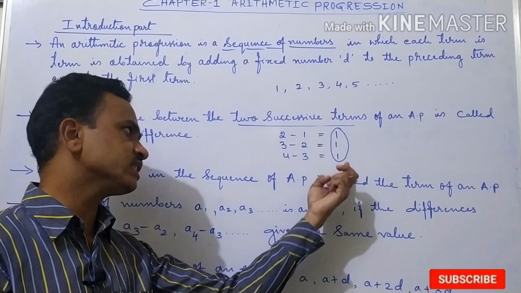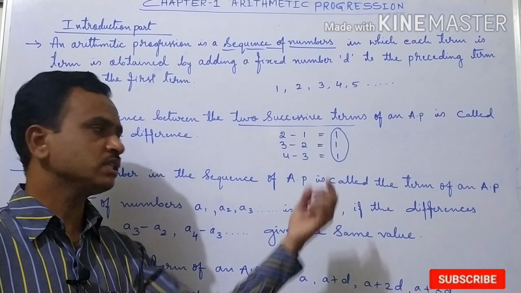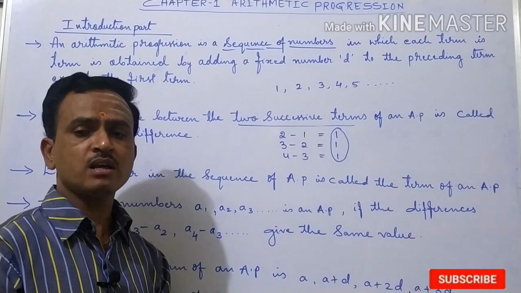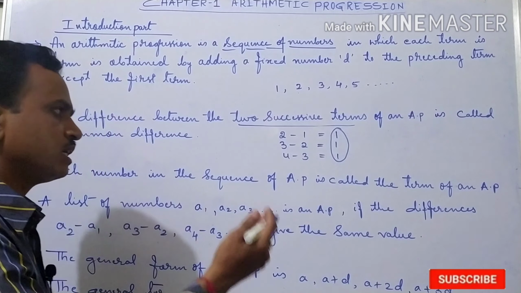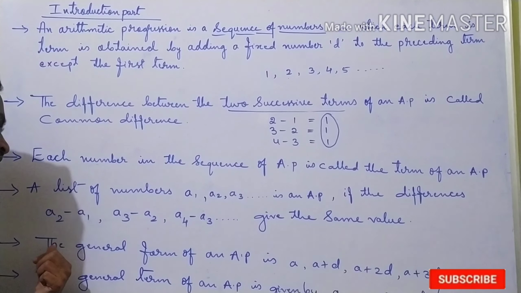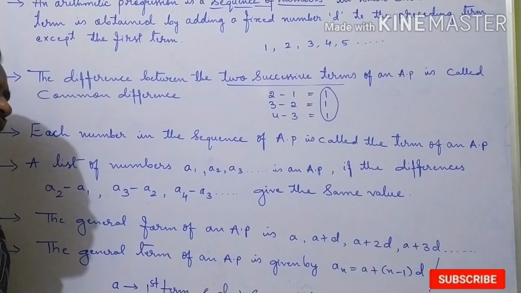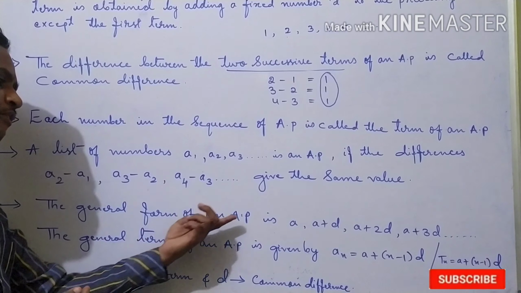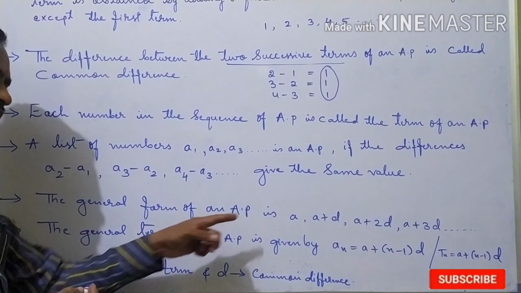Here we got the same value, 1. So in this way we get the same value, which is said to be the common difference.